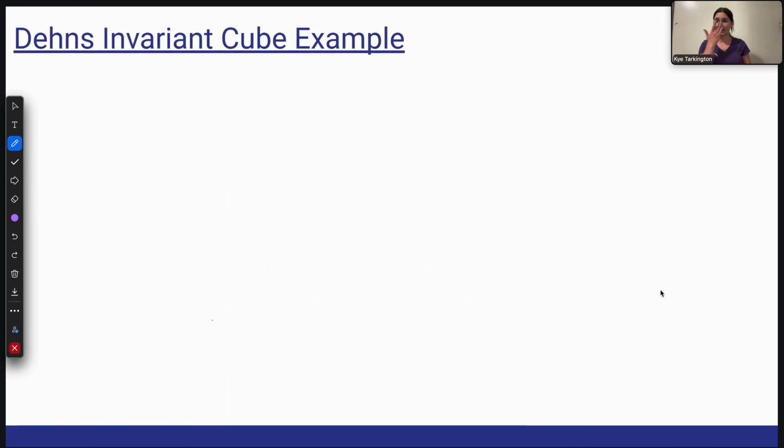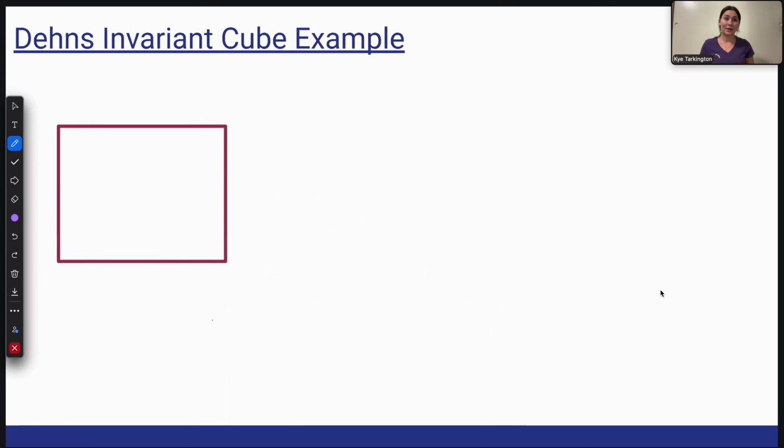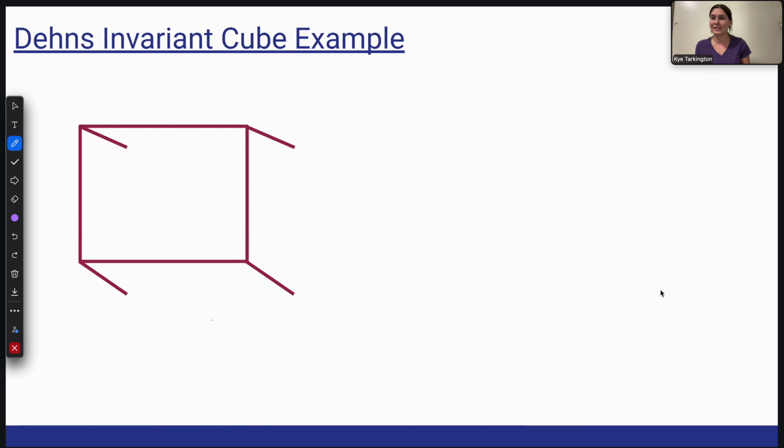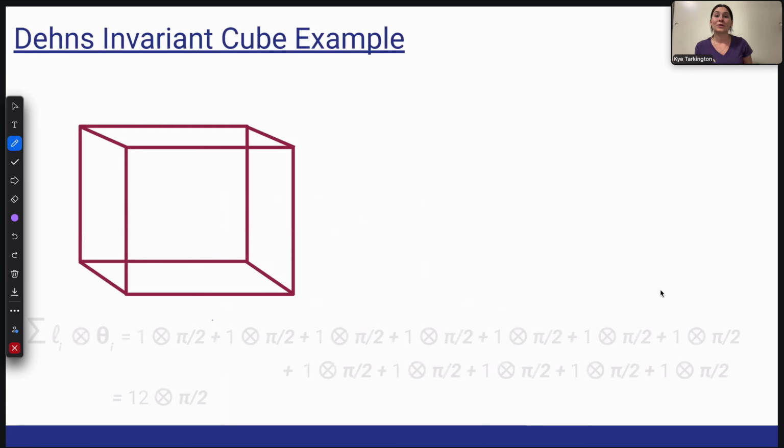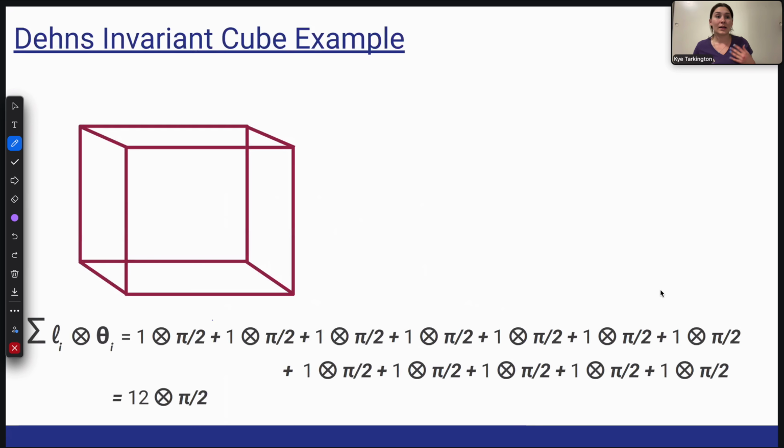As we can see right here, let's start out with the cube example. We can count our edges: 4, 6, 8, 12. So we have 12 edges, and then of course in a cube the dihedral angle is going to be pi over 2. And so we repeat this process, 1, 2, 3, 4, all the way up to 12 times.